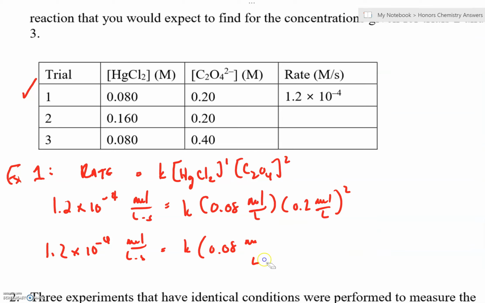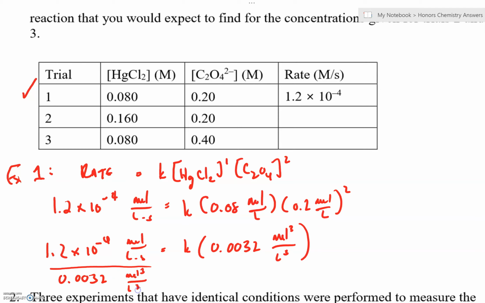So our answer is going to be 0.0032 moles cubed over liters cubed. Okay? So we're going to solve for K by dividing both sides by 0.0032 moles cubed over liters cubed, and that will give us our numerical value for K.